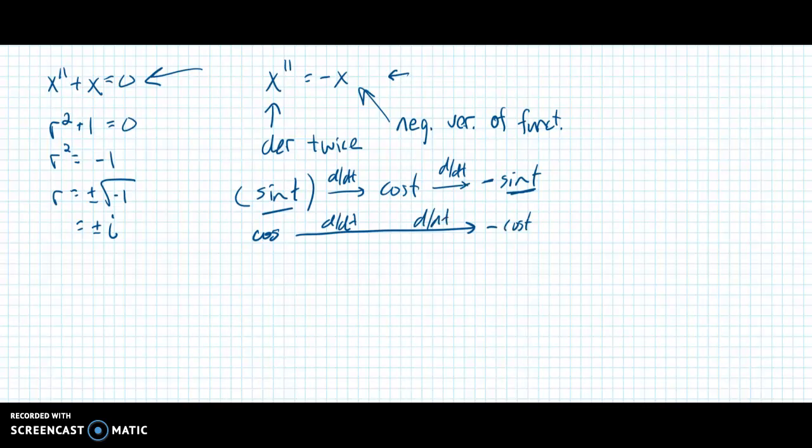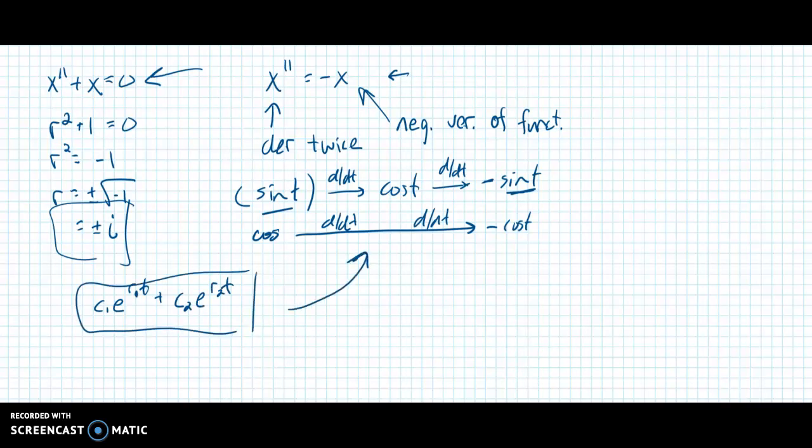So the question is, what does that have to do with this and the equations that we had with e to this, right? Because remember, you would do c1 e to the r1 t plus c2 e to the r2 t. So how does that translate to sines and cosines?